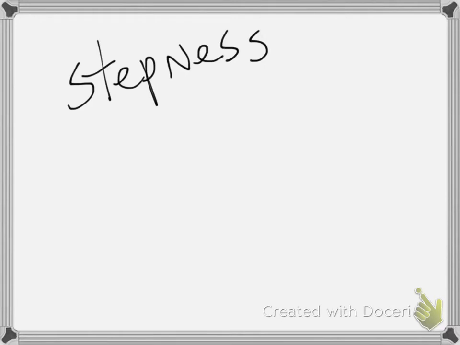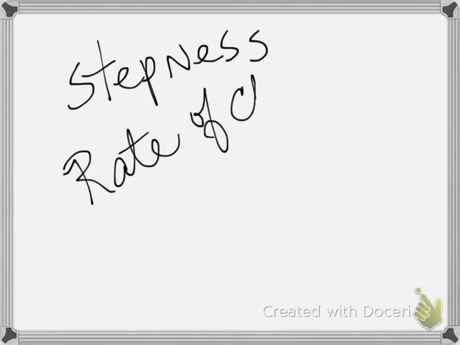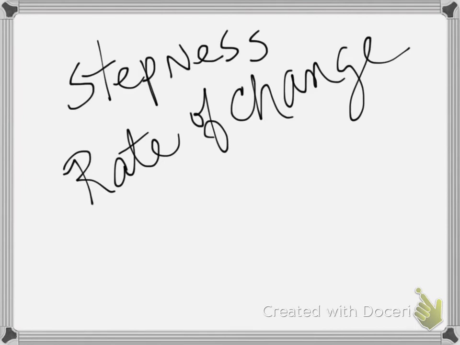If you're reading your test, sometimes they may say, find the rate of change. When they say that in one of your problems, that's the same as slope. You're doing the same thing when you're finding the rate of change. That just simply means slope.